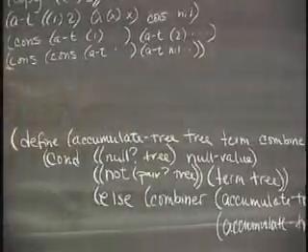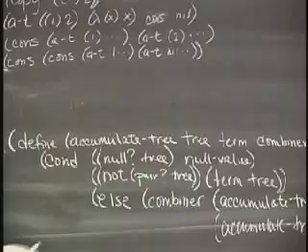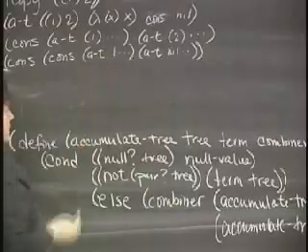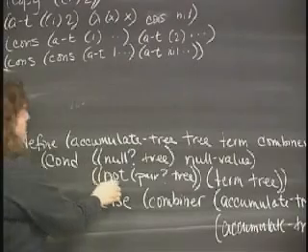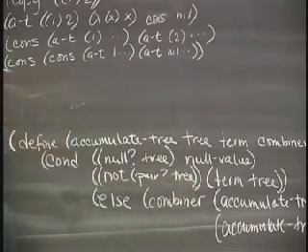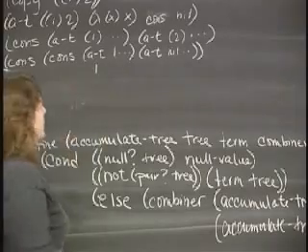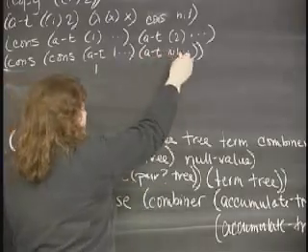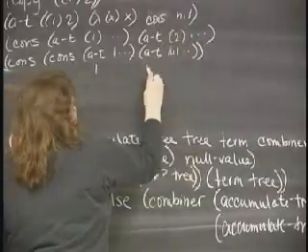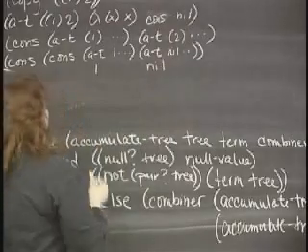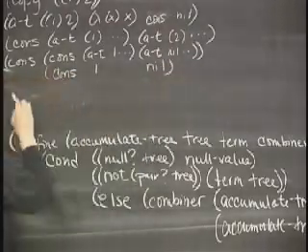Okay. Let's finish up this call first. Accumulate tree 1, not null, but this becomes true. Term of the tree is 1. Now we're going to accumulate tree on the nil. Well, that's null, and we return the null value. So here we've got cons 1 nil.